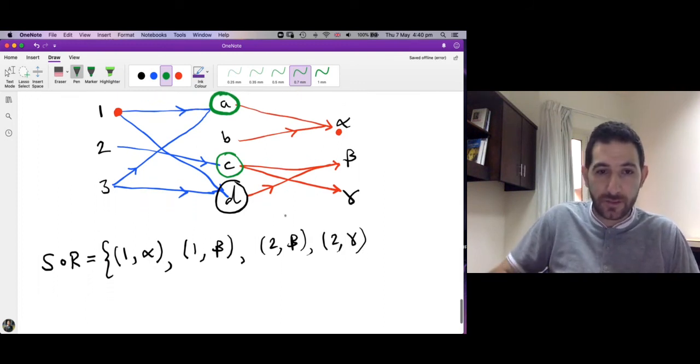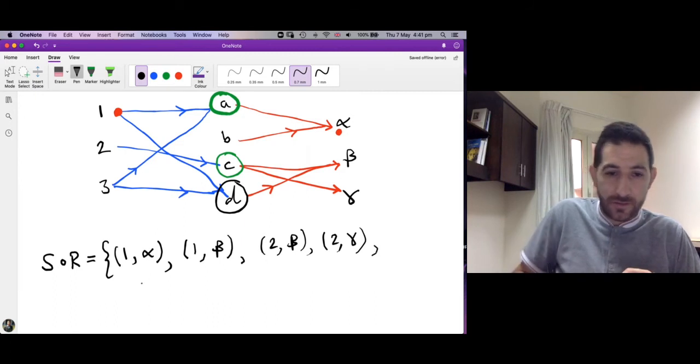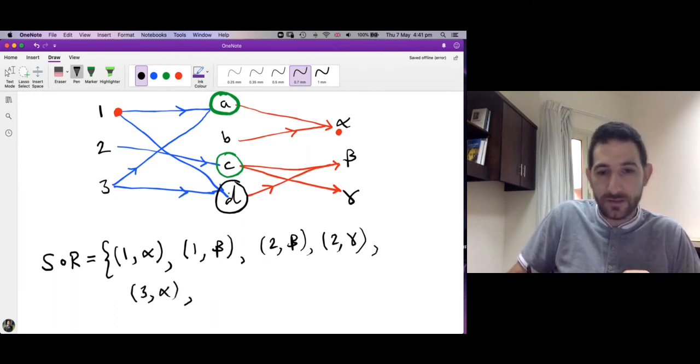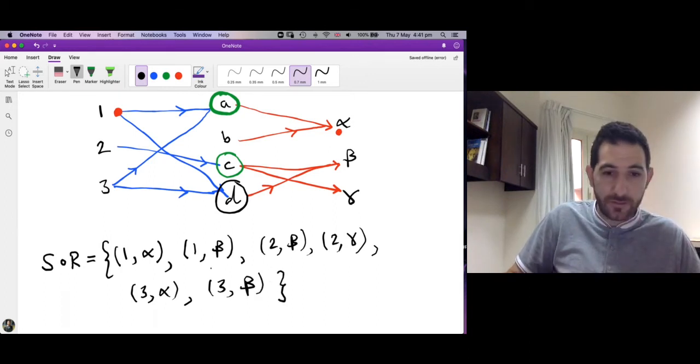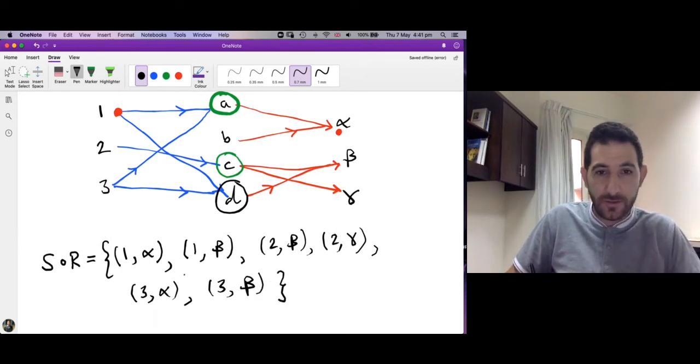And finally, what can we check about 3? 3 is related to A and A is related to alpha. So it must be the case that 3 is related to alpha, and 3 is related to D and D is related to beta. So 3 is related to beta. Okay, so this is our new relation.